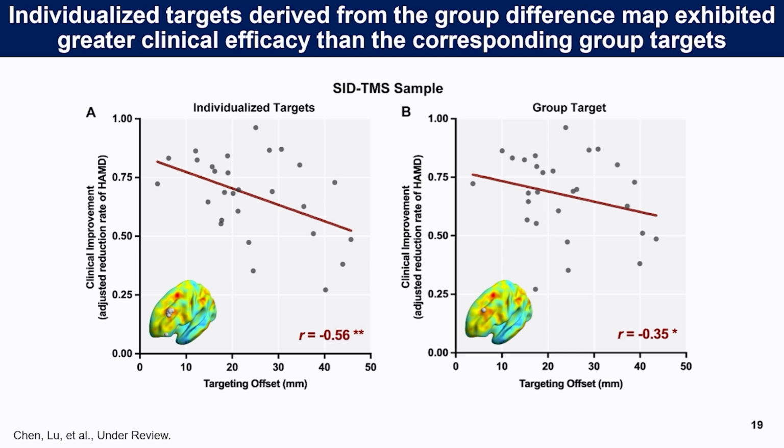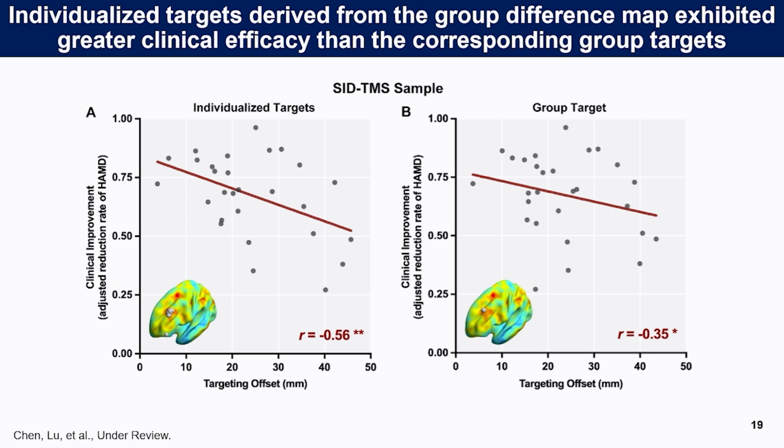So here on the x-axis, the bigger the value, the further the actual stimulation site is from the individualized algorithm-computed target. And here is the treatment outcome. So the farther from the computed target, the worse the treatment effect when using the individual target method.